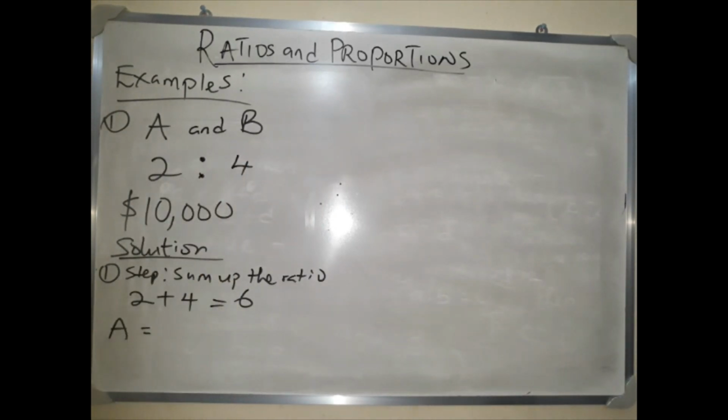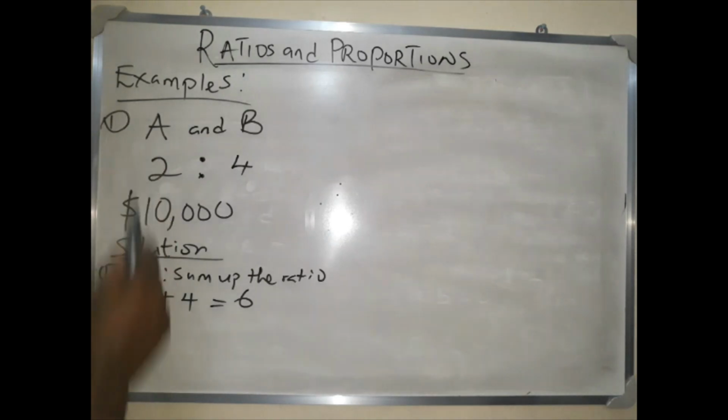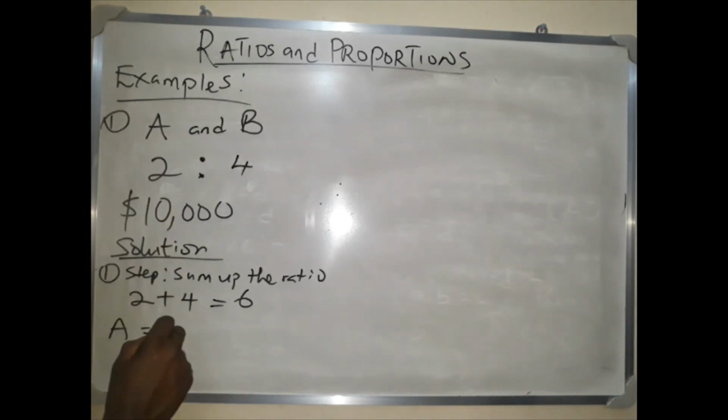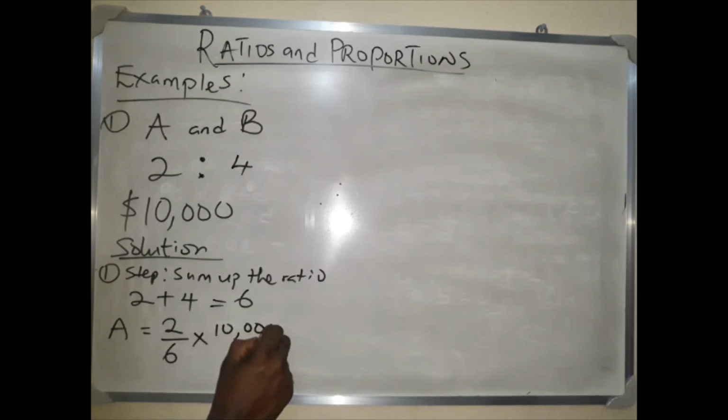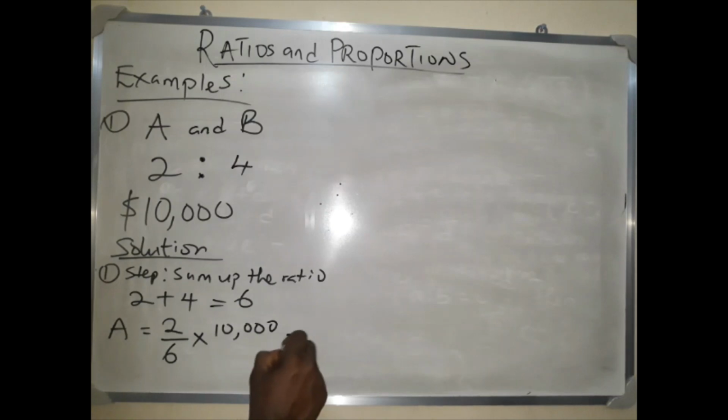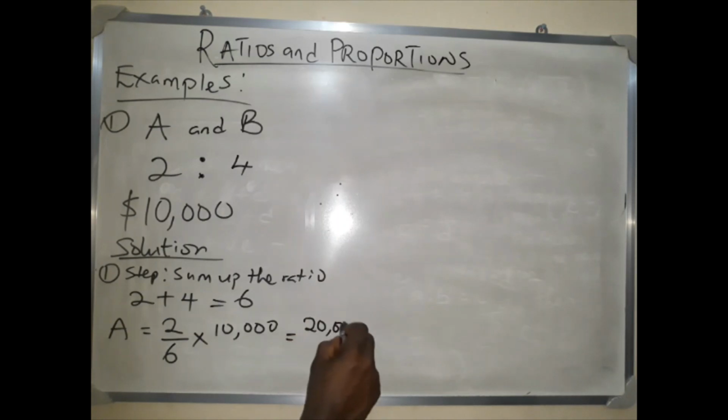So for Mr. A, we want to find out how much he is going to get from the 10,000. Since ratio 2 belongs to Mr. A, we say 2 all over the total, which is 6, multiplied by 10,000, which is the total amount of money. When you do that, 2 times 10,000 is 20,000 divided by 6.